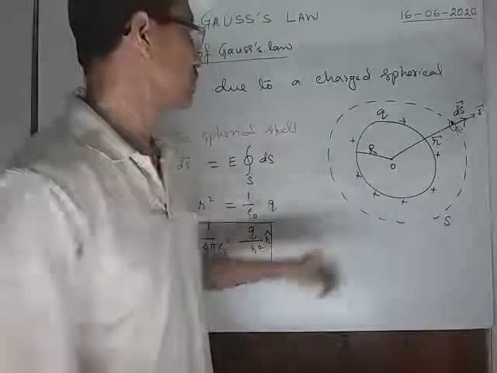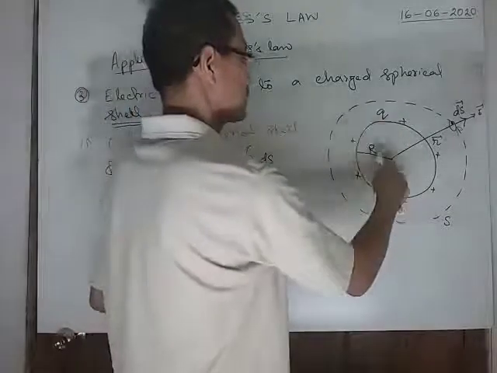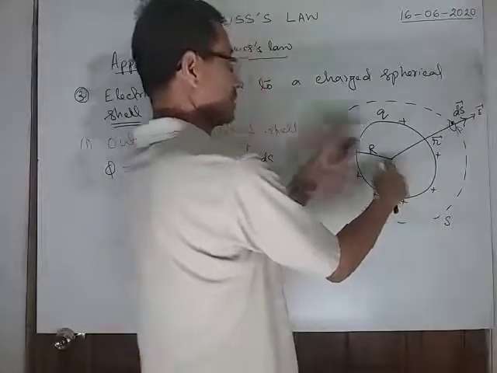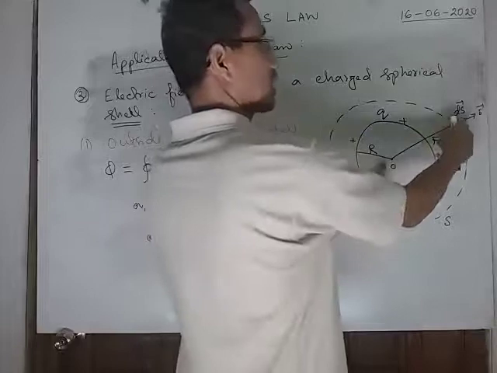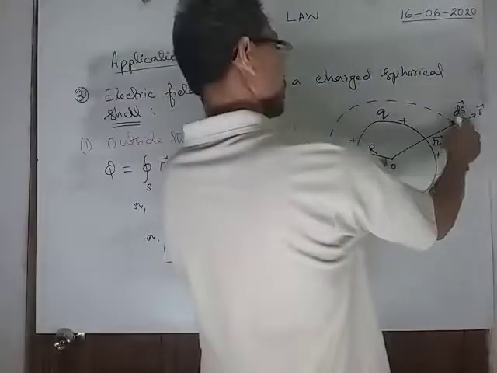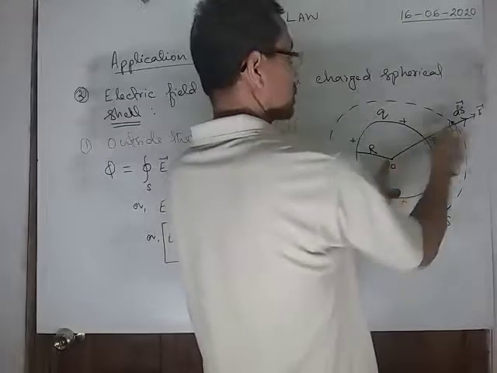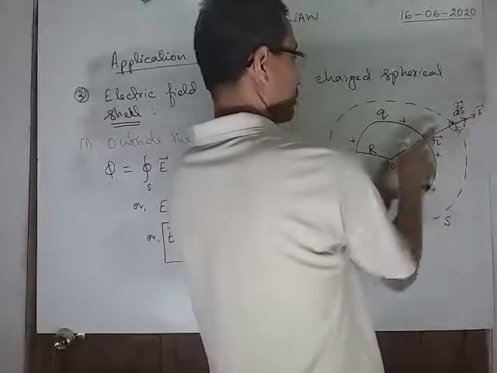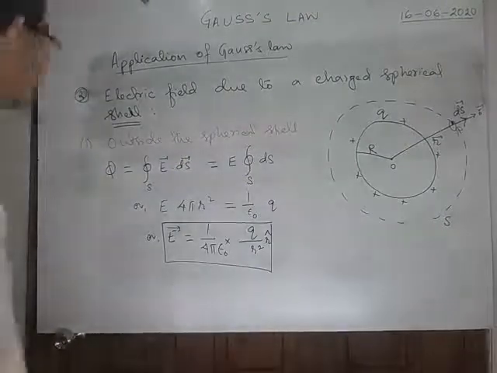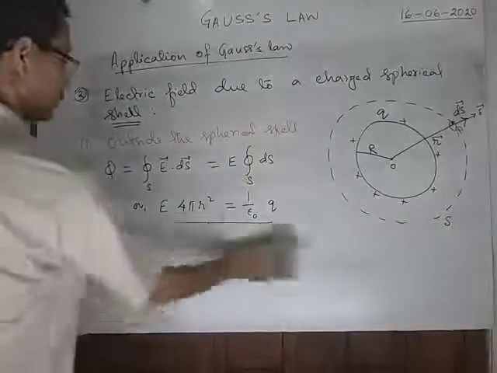If the whole charge is concentrated at the center, it will be just like the electric field due to a single point charge. So due to this single point charge, the electric field at this point P at distance r will be equal to this, right?